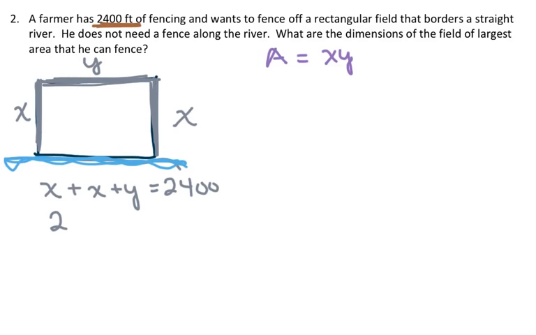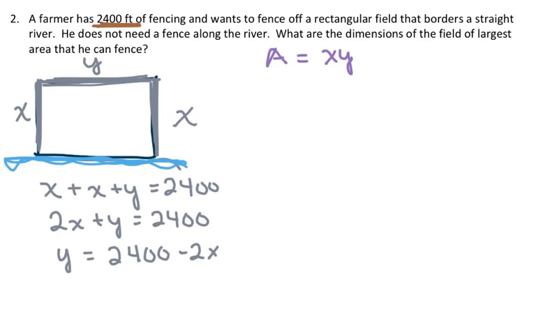We simplify this a little. It says 2X plus Y equals 2,400. Now we have the second equation that has both X and Y in there. We can solve for Y or X, either way, but I think solving for Y is easier because all I have to do is subtract the 2X. So I'll get Y equals 2,400 minus 2X.